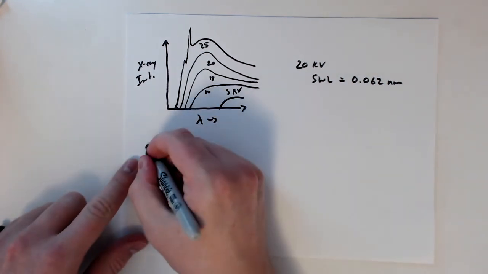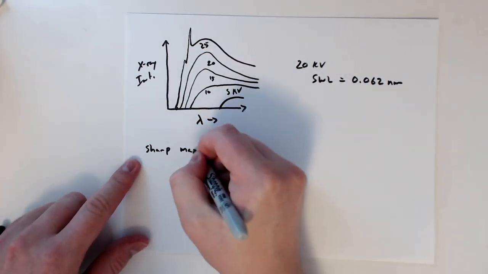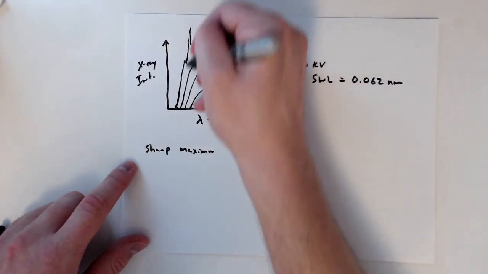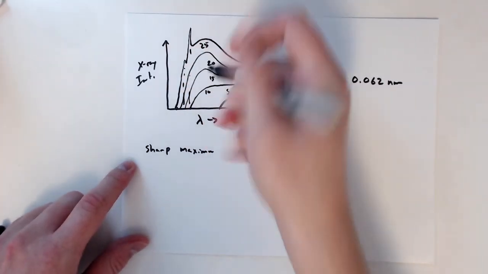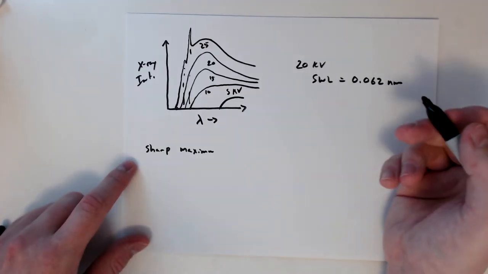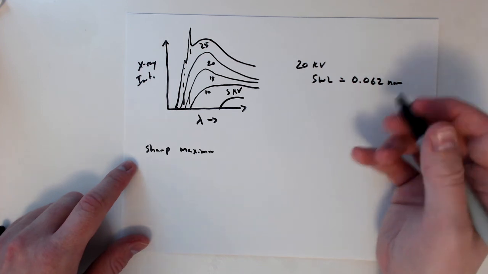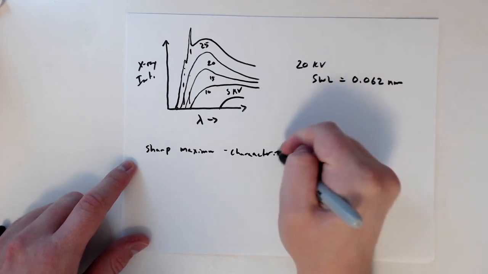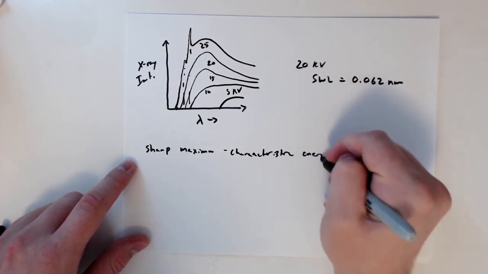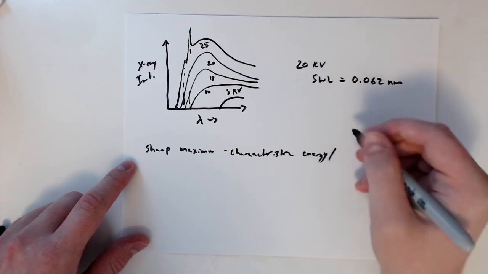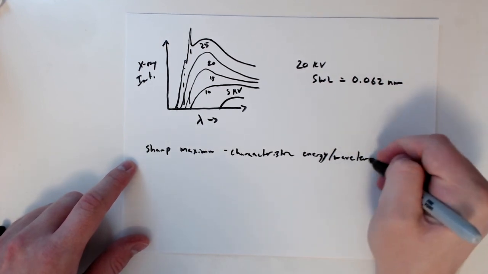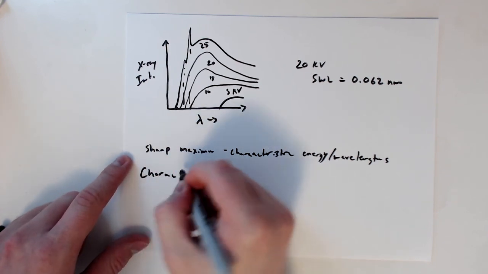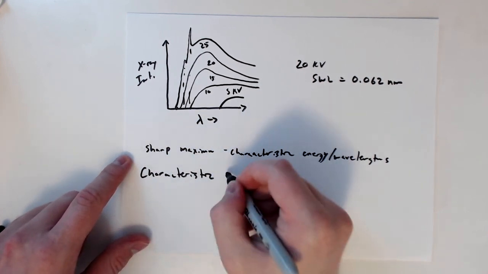So these sharp maxima we have appear at specific values of the wavelength, and so these have characteristic energies or wavelengths, and these are what we call characteristic X-rays.